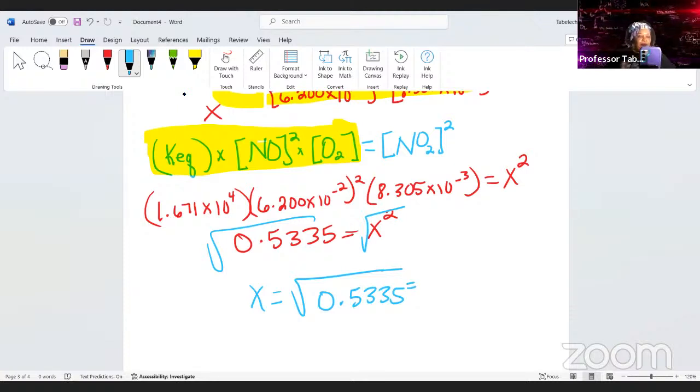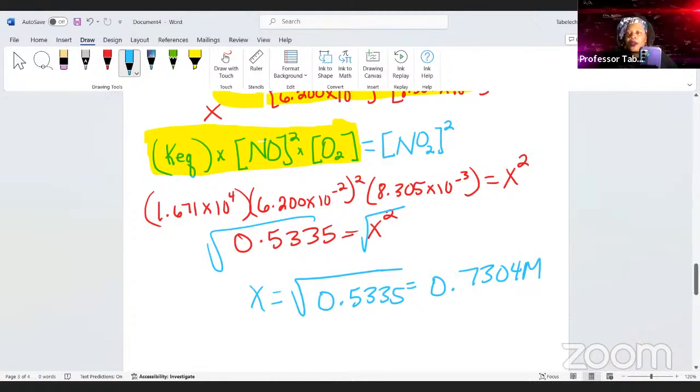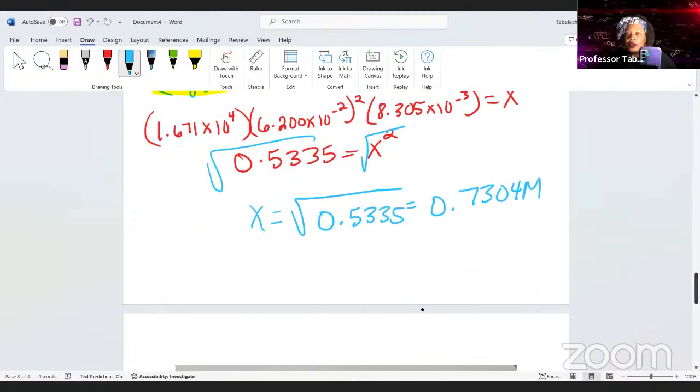And this is equal to, let's square root that, 0.7304. And that's M, okay? That is the concentration for what we were looking for, NO2, okay?